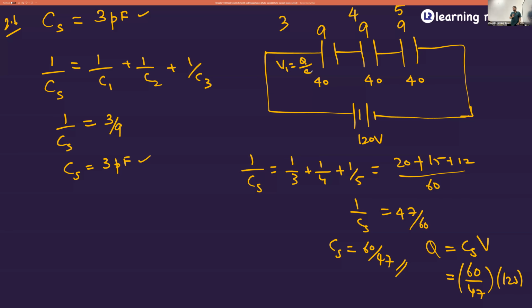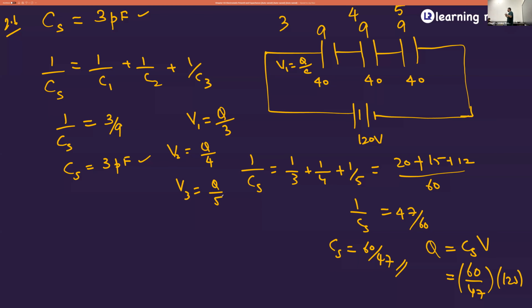Am I clear with this? So this is how we solve when the capacitors are of different value. You can make a note of this. So you can note down the steps. So what are the steps to be followed? First, find the equivalent capacitance.